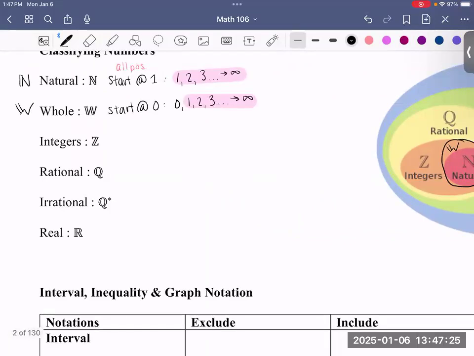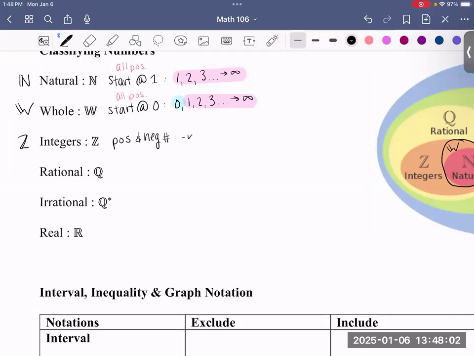Now, integers. Integers look like a Z with an extra bar. What is missing from whole numbers? Because you've added 0 and then went all the way up to infinity, and these are still all positive. So what's missing? Now your negatives are missing, right? So integers are positive and negative whole numbers.